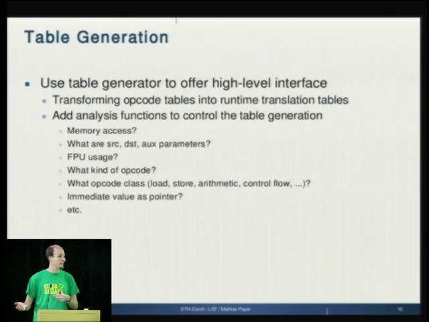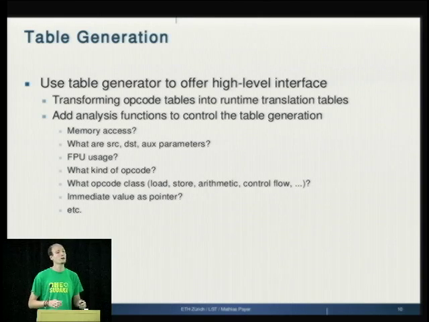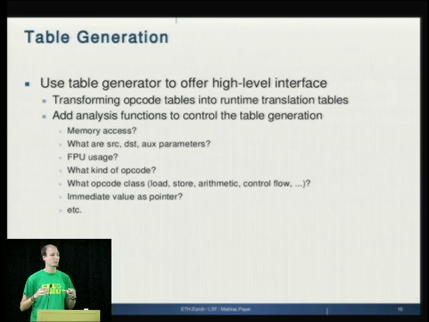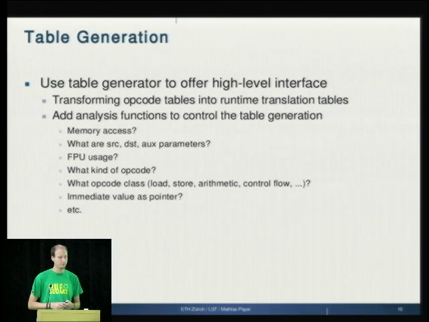Is it an arithmetic opcode? Is it a load or store? What kind of immediate values are there? And so on and so on. We're able to select and specify these instrumentations at compile time and will then generate the opcodes and translation tables that are used at runtime. So that is all done at compile time.